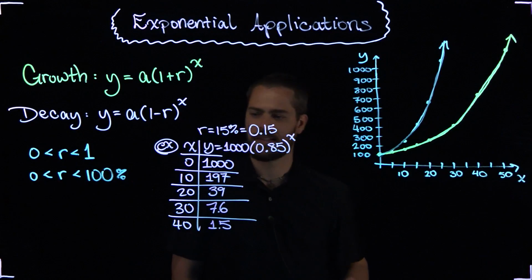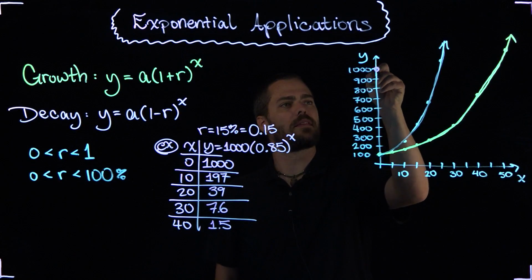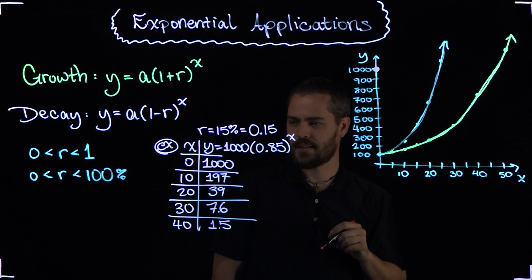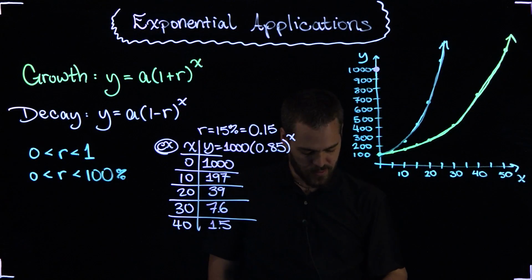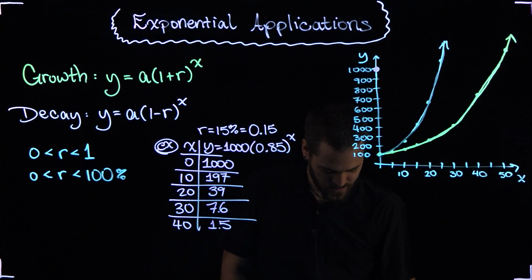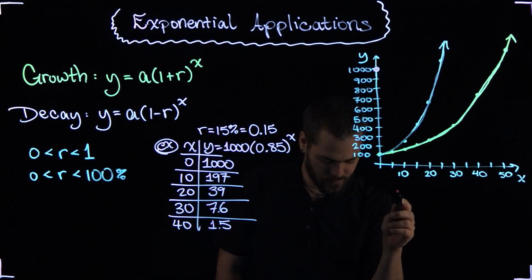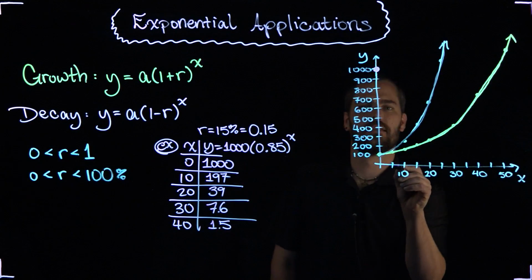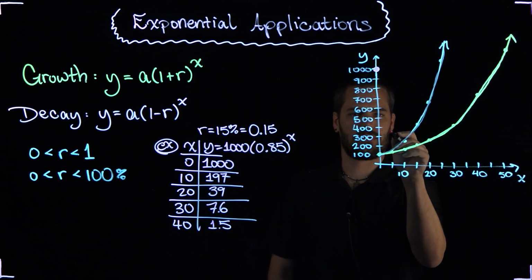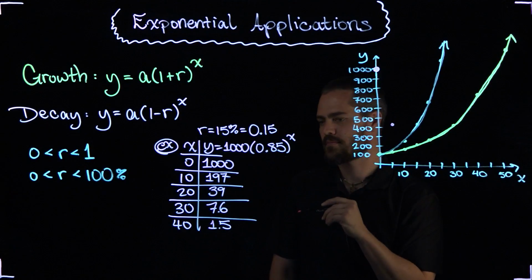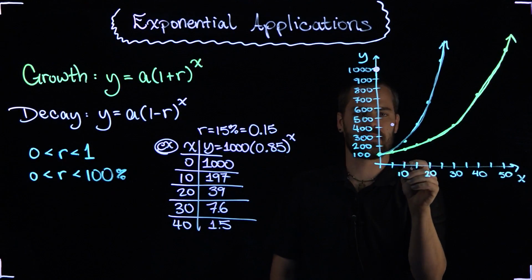So let me put some of these values up here. We're starting with this amount of whatever, let's say grams, and then I'm going to put in 5. After, let's say 5 minutes, it's more fun. After 5 minutes, we get down to 444. Okay, so that's 440, I don't know, about right there. After 10, we're down to 197.